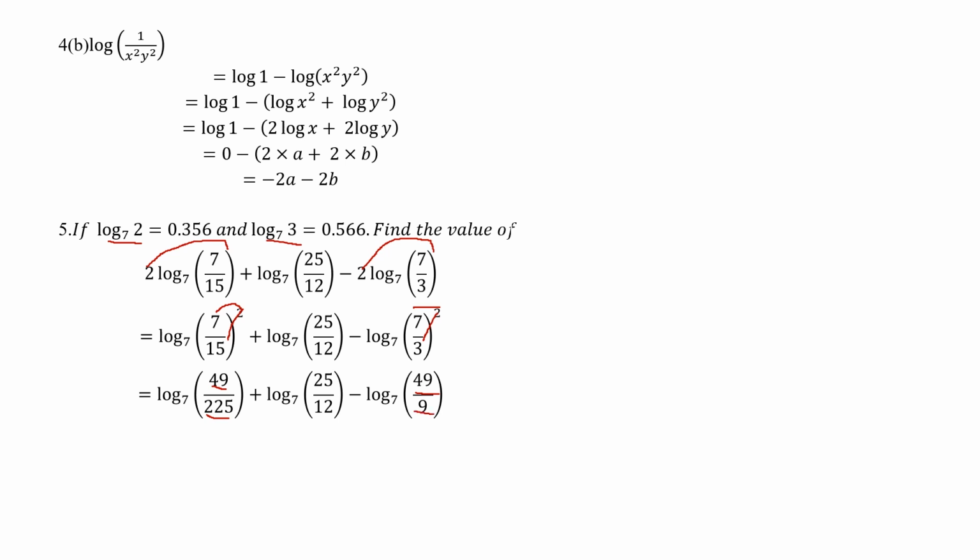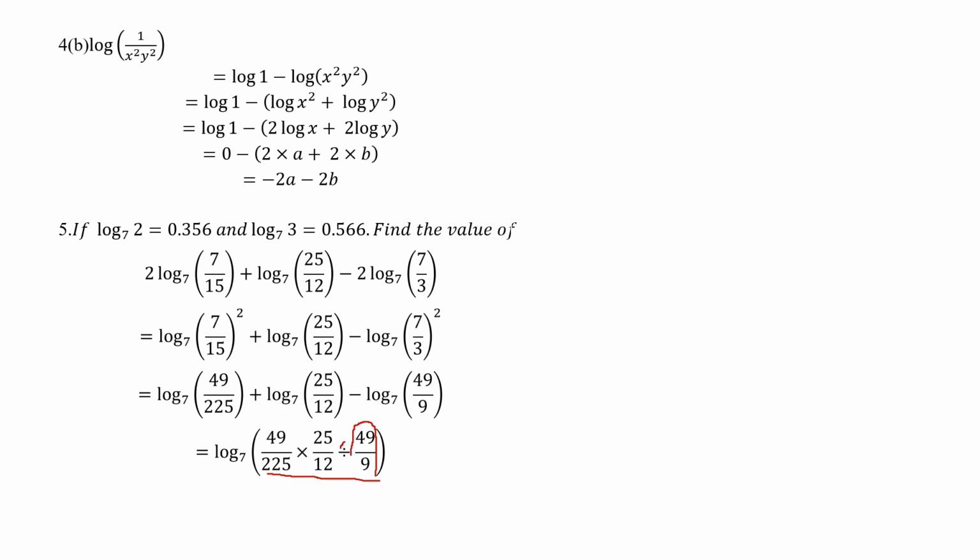Now, since we are having an addition and a subtraction there, we are going to multiply this times that, then we divide the whole thing by this answer here. We are having that one there, divided by 49, divided by 9.